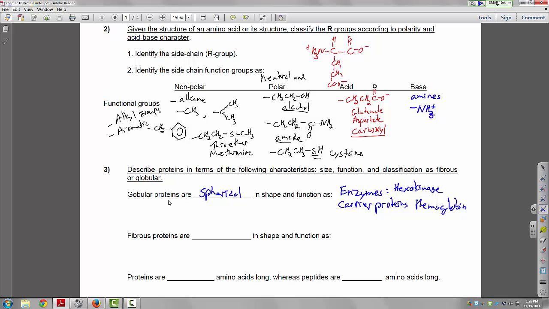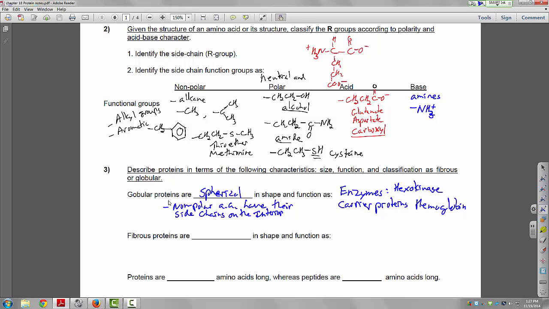For these globular proteins that are spherical in shape, they're kind of like micelles, so the nonpolar amino acids have their side chains on the interior of these globular proteins, where it's hydrophobic.